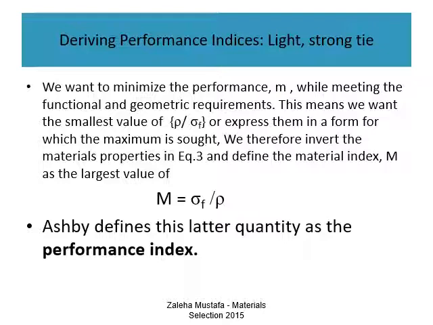So we can define the material index M as the largest value of fracture strength divided by rho. It's either one. Either you want it minimized or maximized. To be minimized, the rho must be on top of the fracture strength.